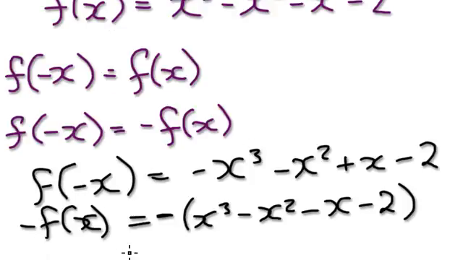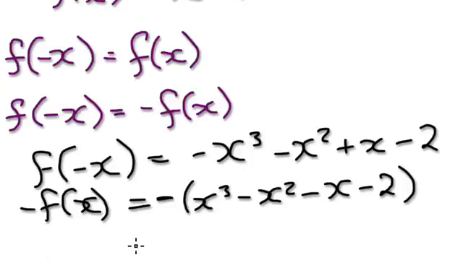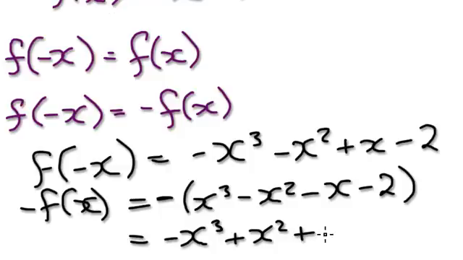So let's tidy this up. This will then become, well, this and this would be negative x to the power 3, and then this will be plus x squared, and then plus x, and then plus 2.